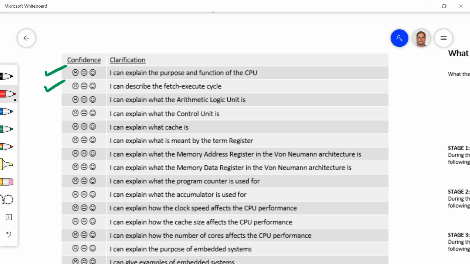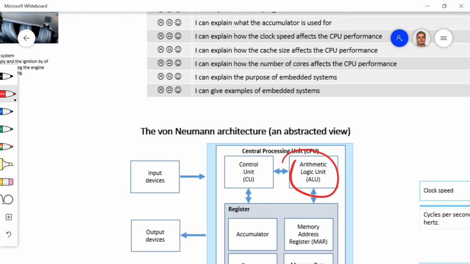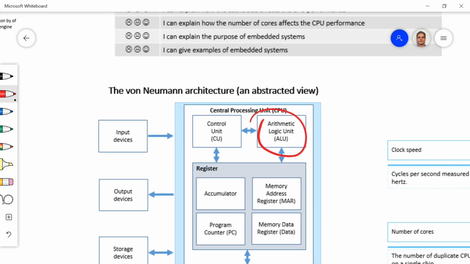I can explain what the control unit is. I think I just did that a minute ago. The control unit is a part of the CPU that, once we've decoded an instruction and the system knows what it needs to do, will set things up. For example, it would set up the ALU to perform an add instruction, or if we're going to store something, it will put an address onto the memory address register.